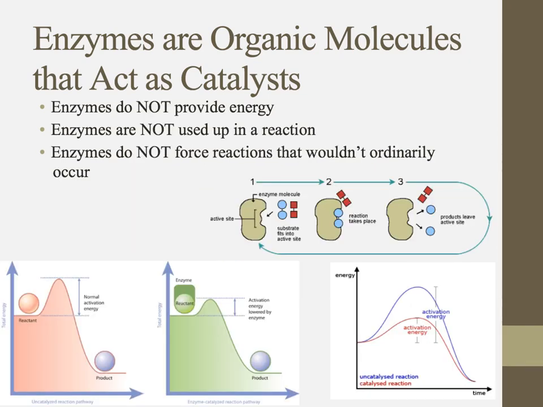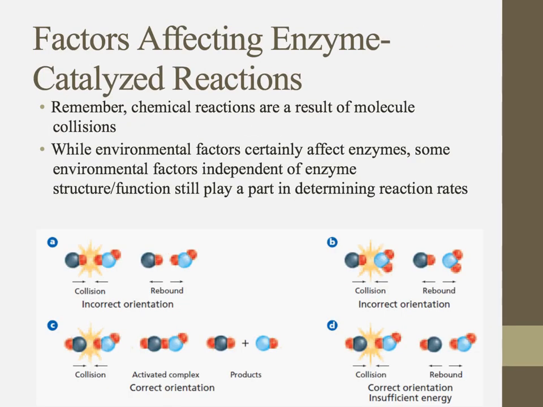Now, they do not provide any energy. They're not used up, and they wouldn't help reactions that wouldn't occur normally. All they do is they lower the amount of energy that you need in order to get something started to begin with. So as we talk about factors that can influence how enzymes work, it's important to know that there are certainly factors that have nothing to do with enzymes that can still affect reaction rates.